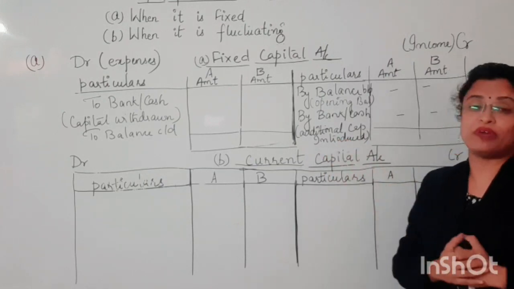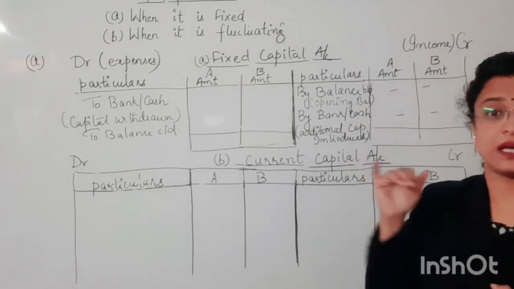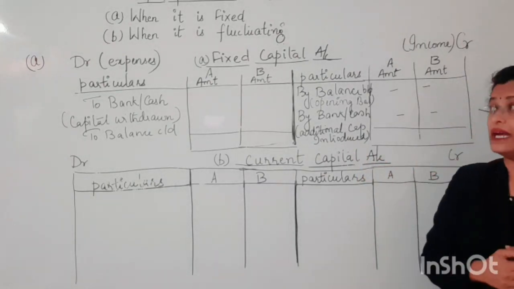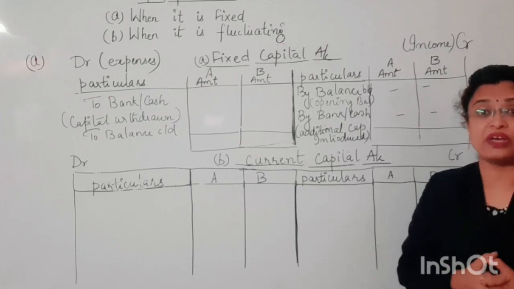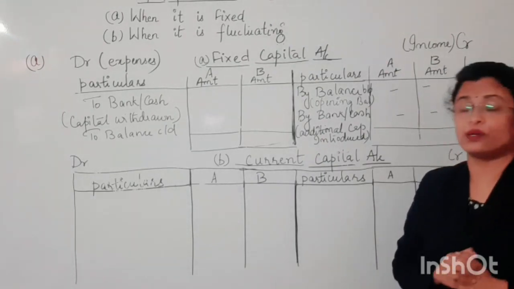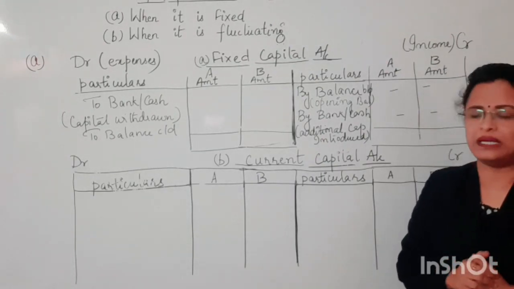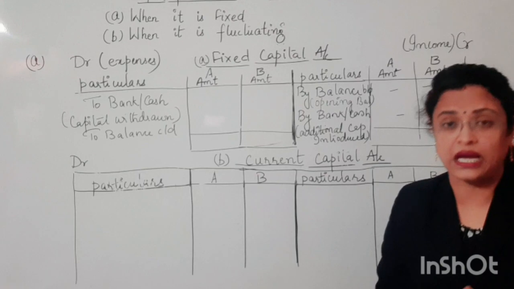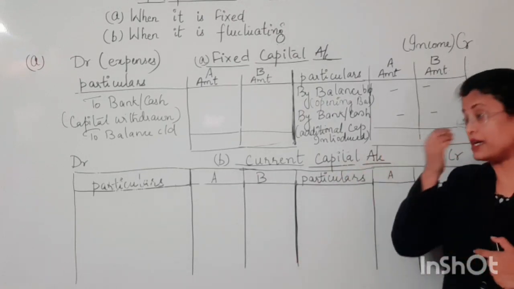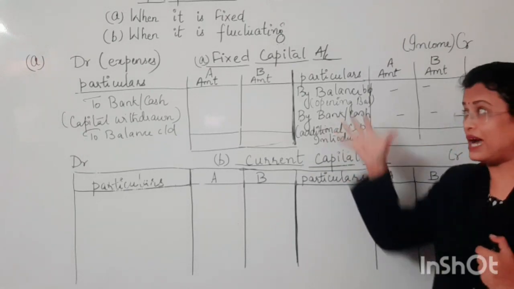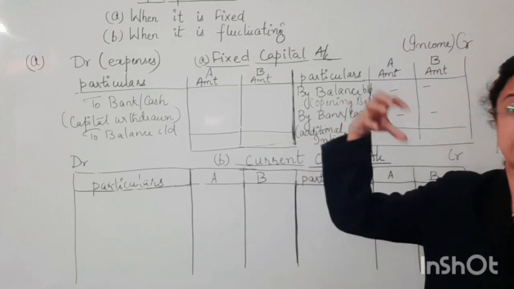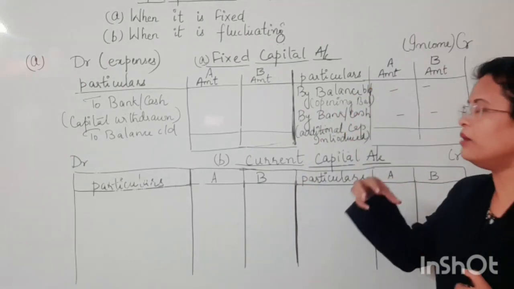In case of a fixed capital account, even this question has been asked in board exams, in MCQs: which type of balance does the fixed capital account give? The fixed capital account always gives the credit balance. There is no possibility that it can ever give a debit balance, because we start this fixed capital account with the capital investment, the initial capital which is invested into the business.